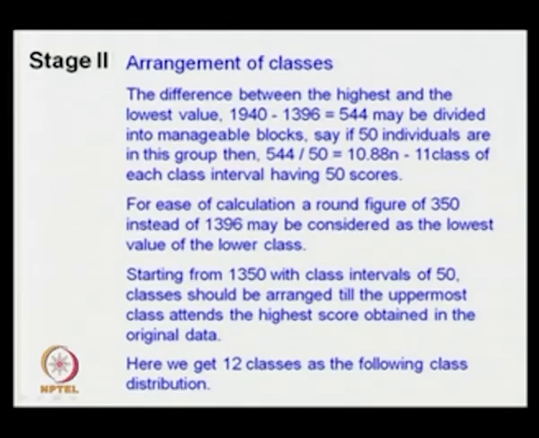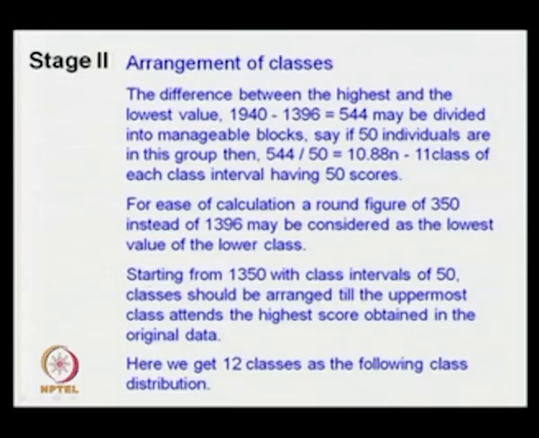For ease of calculation, to make it a round figure, we are considering 1350 instead of 1396, and we have taken it as the lowest class.